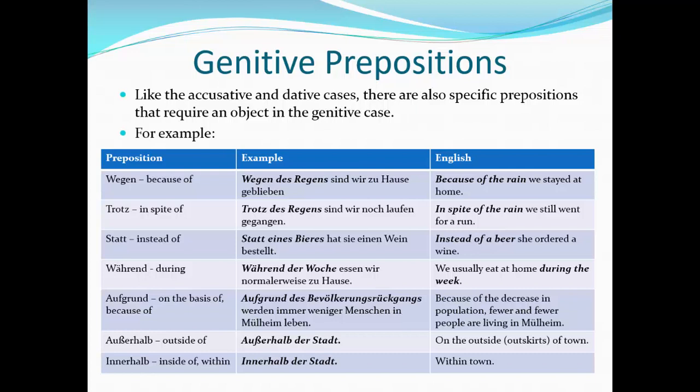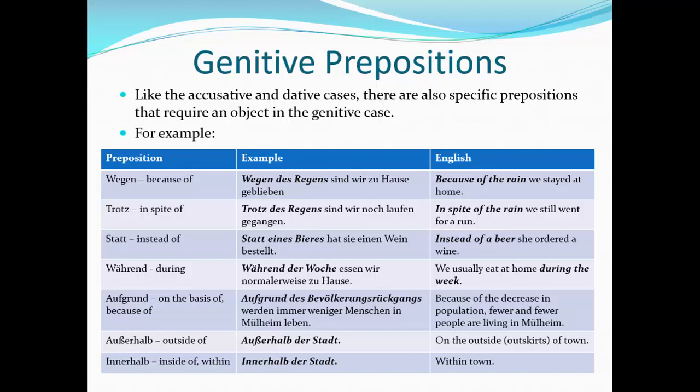We have here the genitive prepositions: wegen, trotz, statt, während, aufgrund, außerhalb, innerhalb. And just like an accusative or dative preposition, the object that follows is going to be in the genitive case.